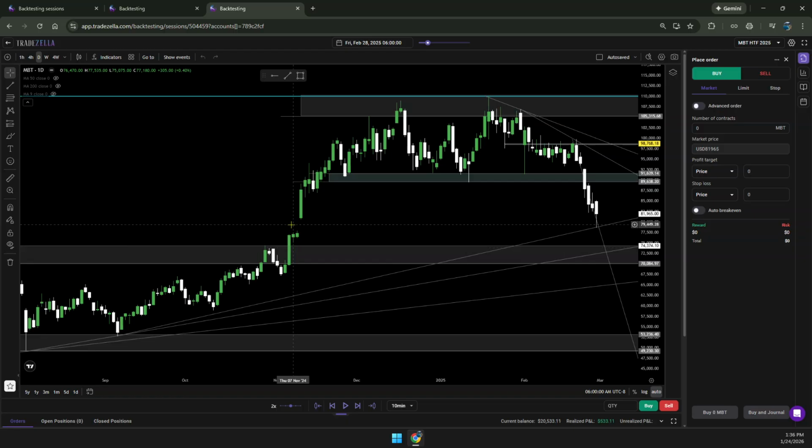I love this. Okay, so again, if this got this little break here, pushed up through my support zone, dropped back down, and then it took off and I entered here, I could have ran this up a bit. At least got my 3 to 1. So now that's something I can scale into.